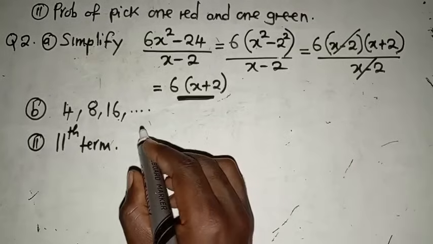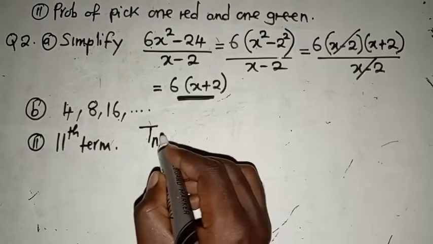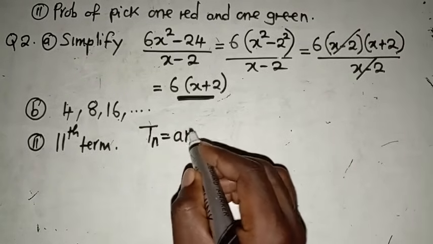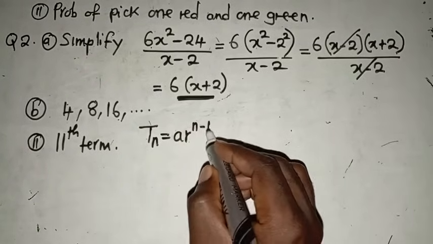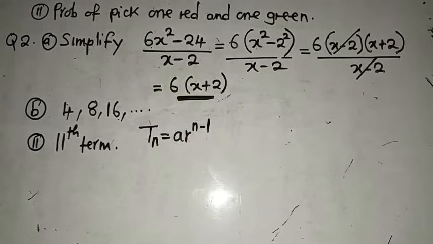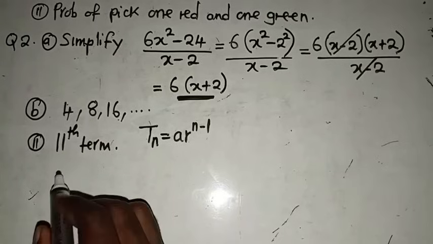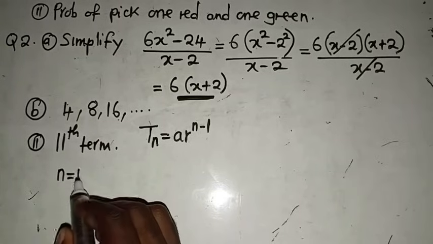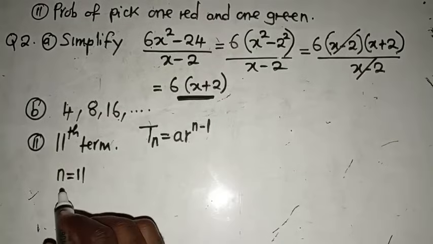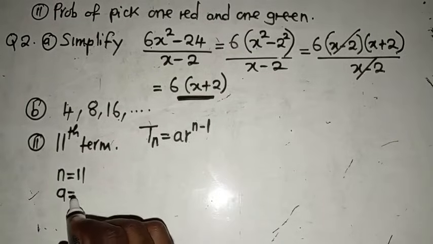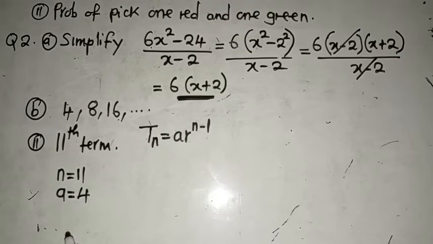The formula for the nth term is Tn = ar^(n-1). With this, I know that n is 11. I need a, which is the first term, and the first term is 4. I need r, the common ratio. What is the common ratio?